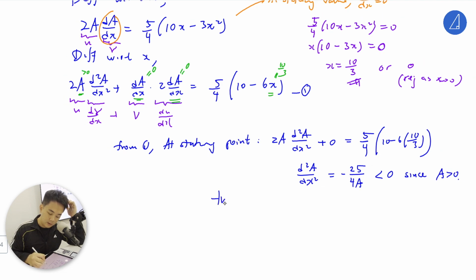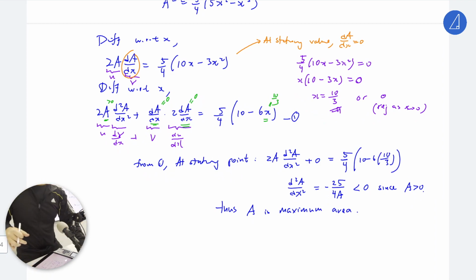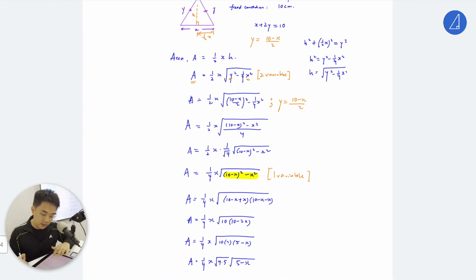So thus A is a maximum when x is 10 over 3.